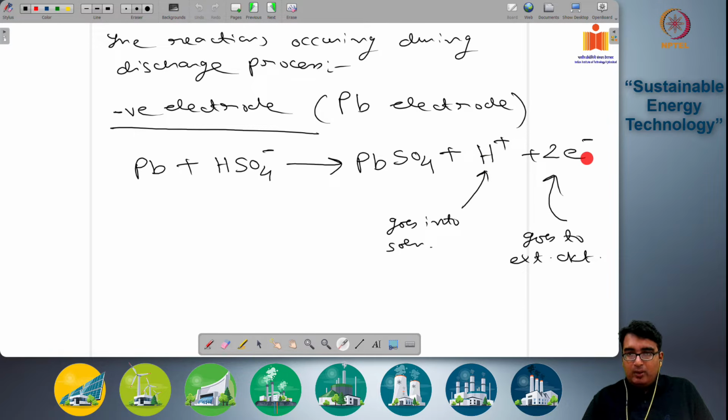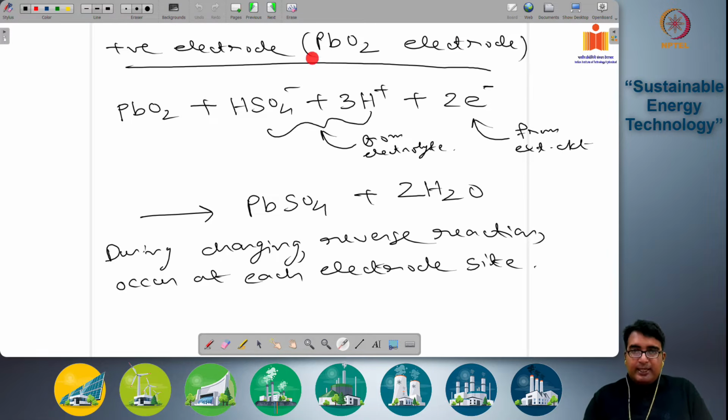So here what we are seeing is that HSO4- ions present in the electrolyte are being absorbed on the electrode surface, and lead sulfate is being produced from lead, and H+ ions are generated that go into the solution, and 2 electrons are generated that go into the circuit.